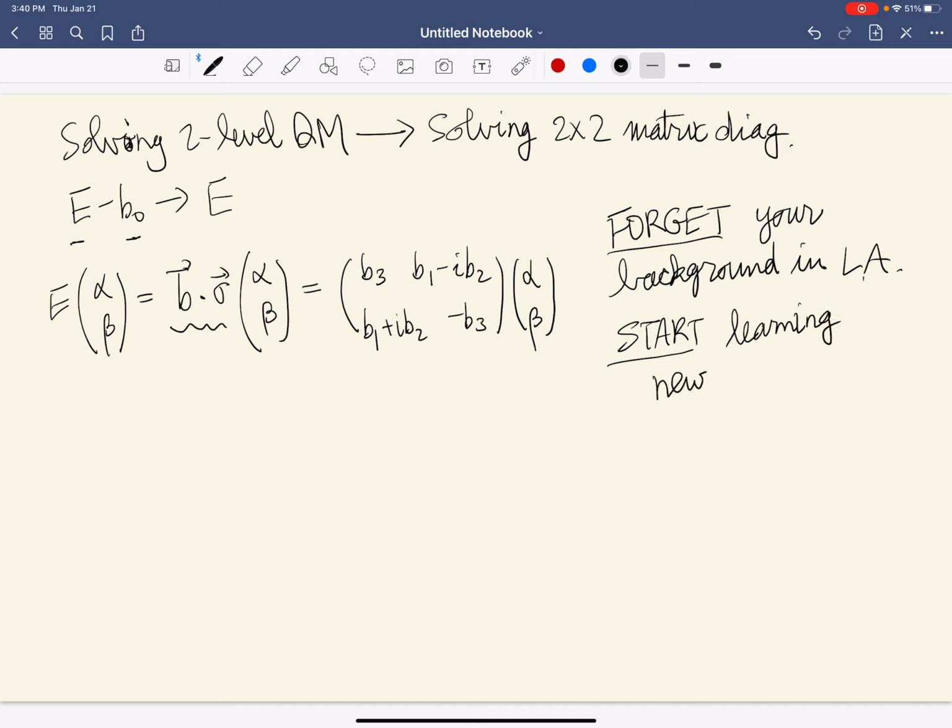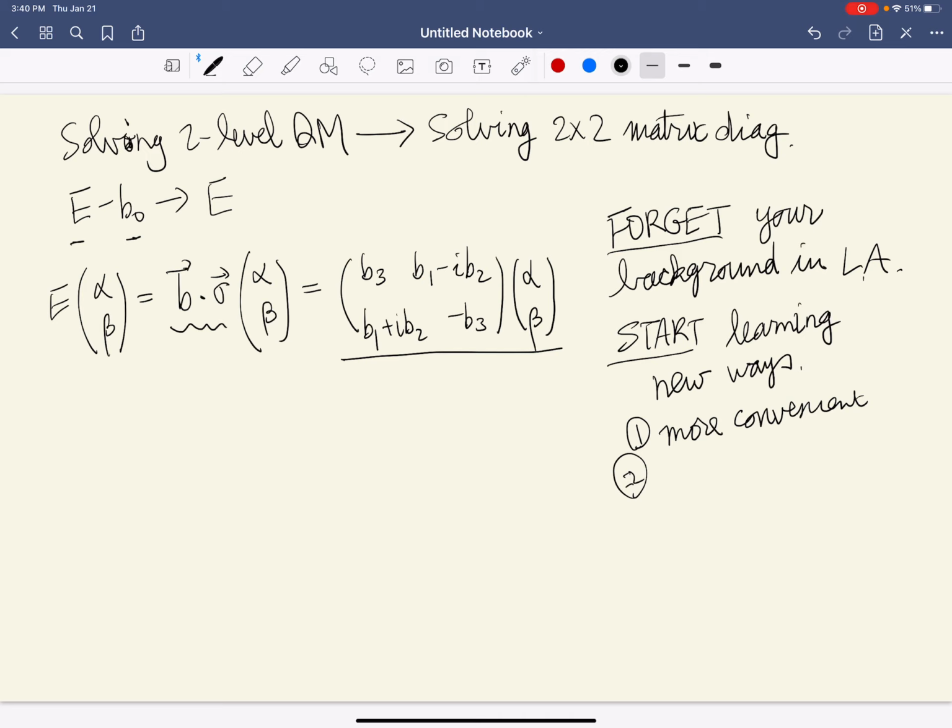Okay. And I kind of like to impose this new way of solving this two-level problem. Not only because it's more convenient, but that's not the only reason why I want to impose this new method.